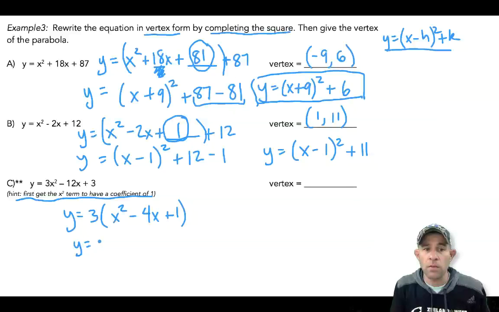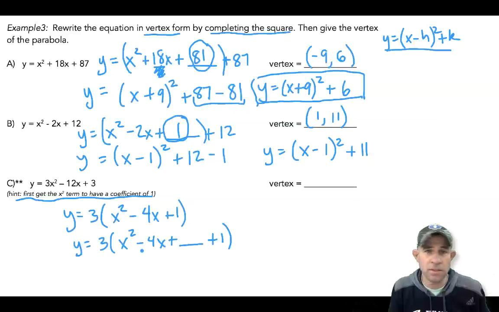So I have y equals 3 times the quantity x squared minus 4x plus, I'm going to leave a blank space there, and now it's plus 1. Okay, I'm going to take half of negative 4, which is negative 2, and square that. When I square negative 2, I get a positive 4.